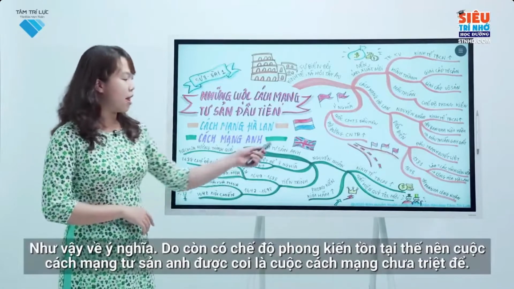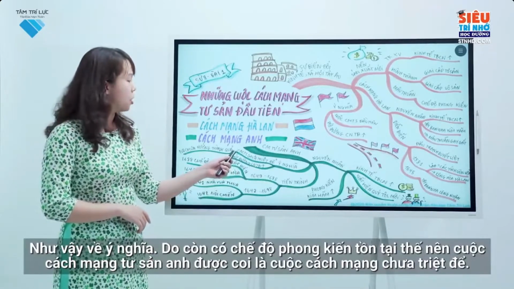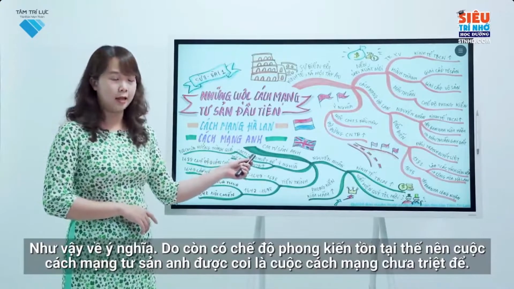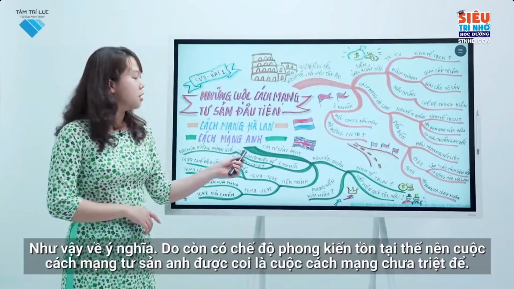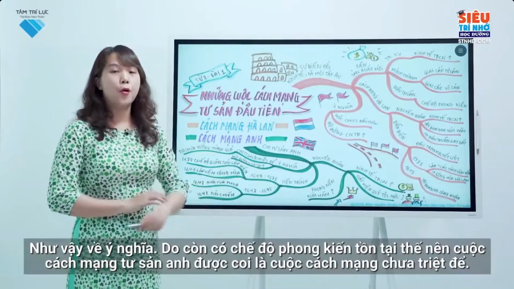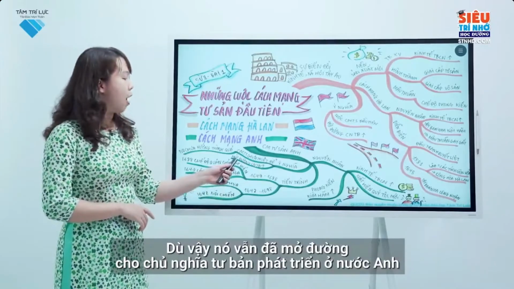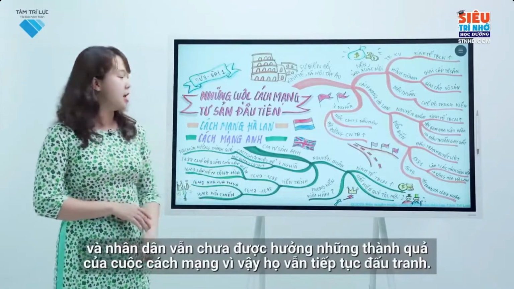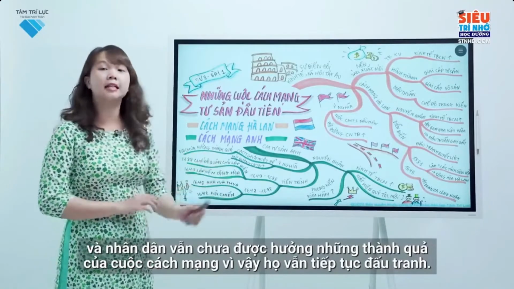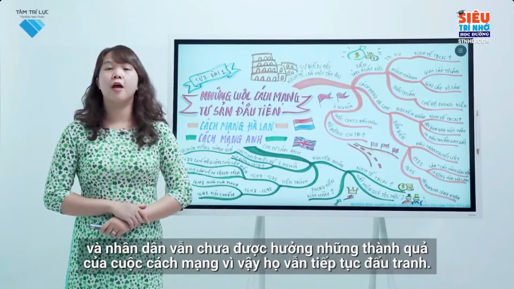So in terms of the significance, due to the existence of feudalism, the British bourgeois revolution was considered an incomplete revolution. However, it still unfolded the possibilities for the development of capitalism in England. People had not made the most of the revolution's outcome, so they continued to fight.